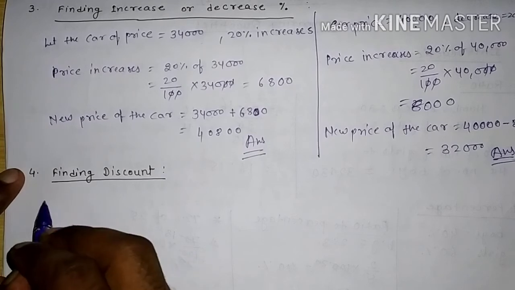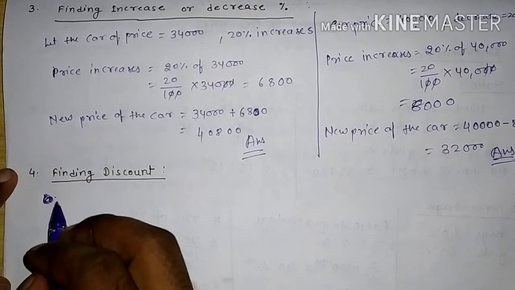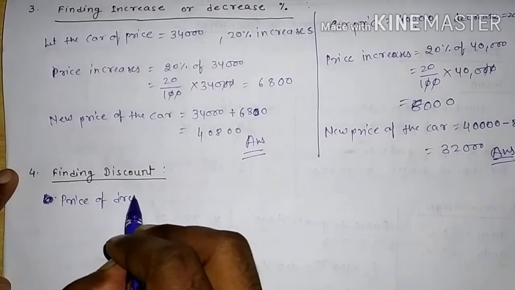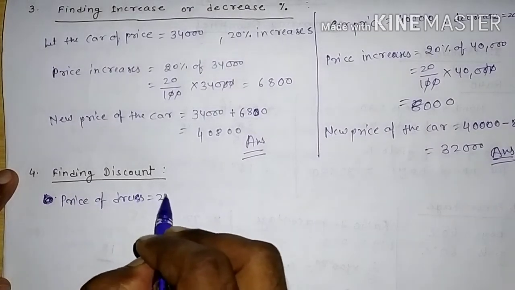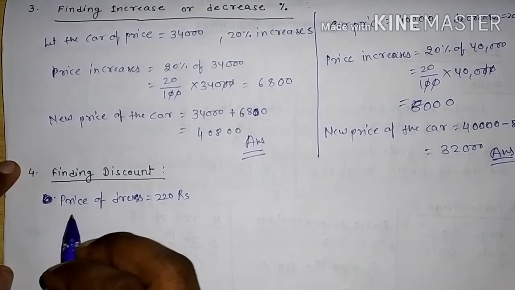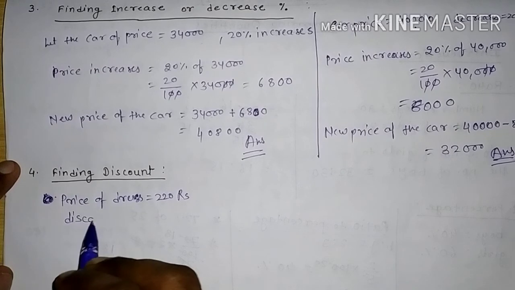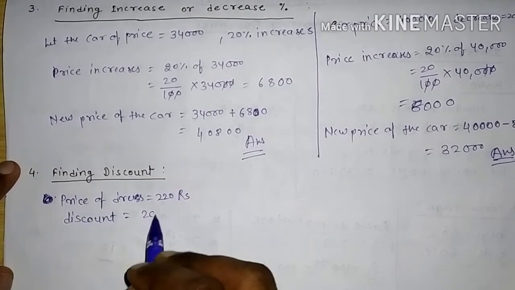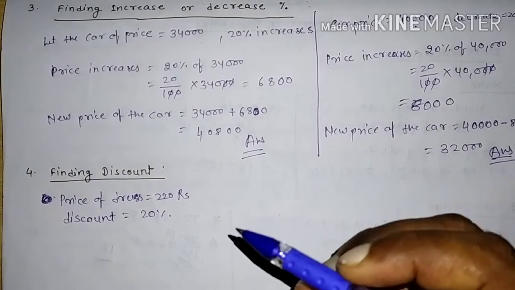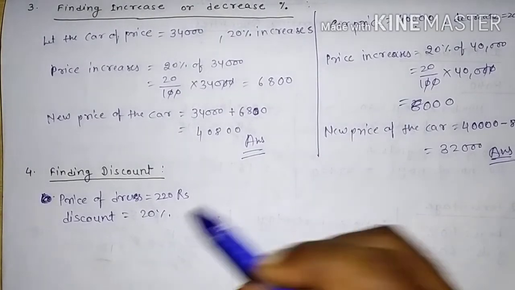The price of the dress is given as 220 rupees, and he gets a 20% discount. So here we have to find how much he paid to get the dress after the 20% discount.